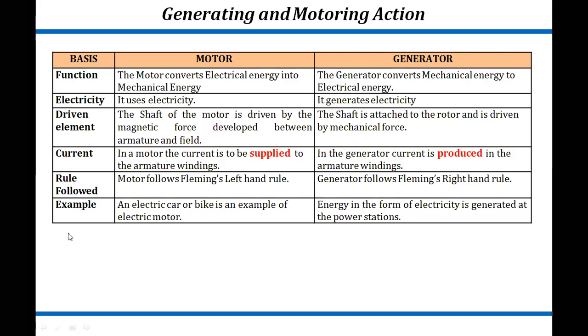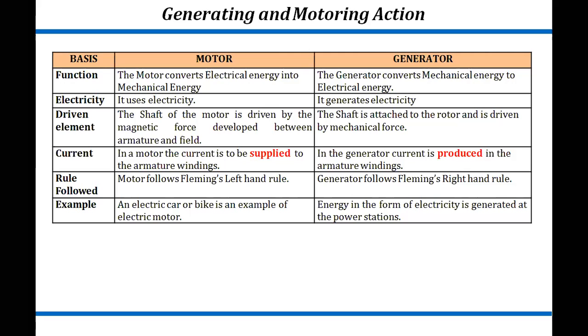For some examples of the DC motor and the DC generator: an electrical car or a bike uses electrical energy and gives us energy in the form of mechanical energy, light, or heat.